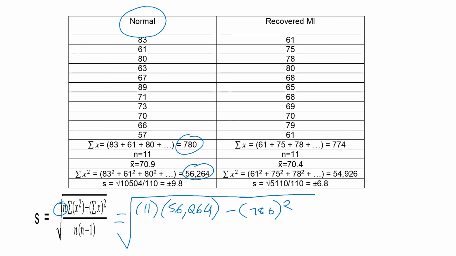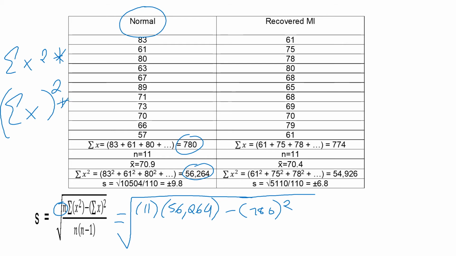Make a note that there is a big difference between saying summation of x squared and summation of x and then squaring the whole thing. Those two are not the same. For this one, you are squaring each data point first and then adding them up.